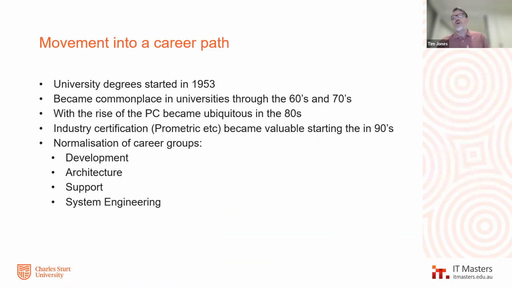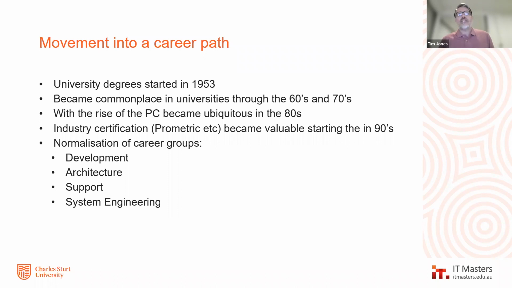The world continued to progress with computer science, with university degrees first starting in 1953. The first one was in Cambridge in England, and they had their own computer on site that allowed them to develop it.